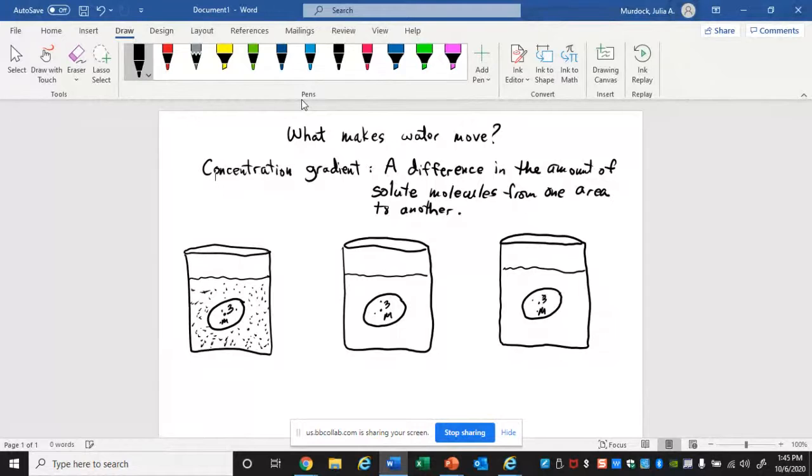So let's say it's 0.8 molar out here. Here, it is exactly the same outside as it is inside. So it's 0.3 molar out here, and it's 0.3 molar inside the cell. Here, there's nothing. Zero salt in this water.